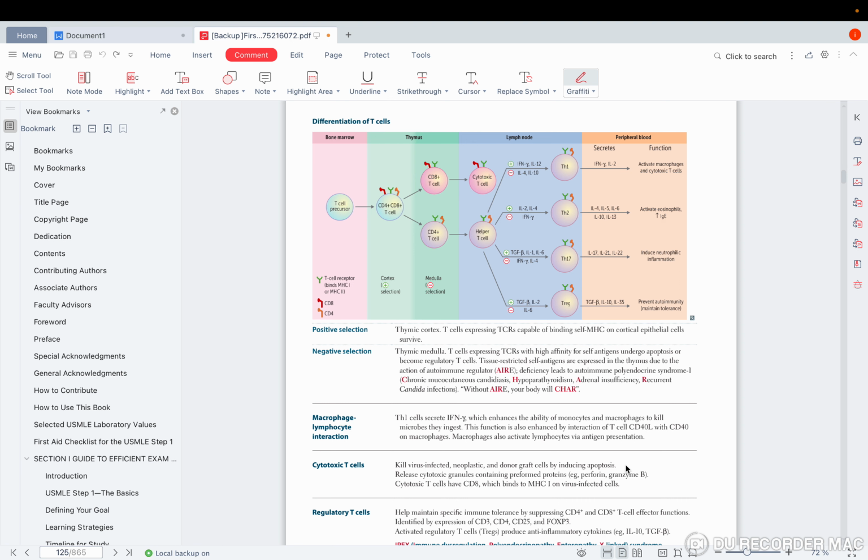T helper 1, that's correct. So which one is responsible for the humoral immunity? T helper 2, excellent. What about which one is responsible of a prevention of the autoimmune disease?